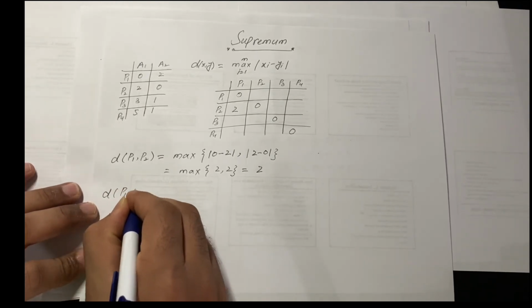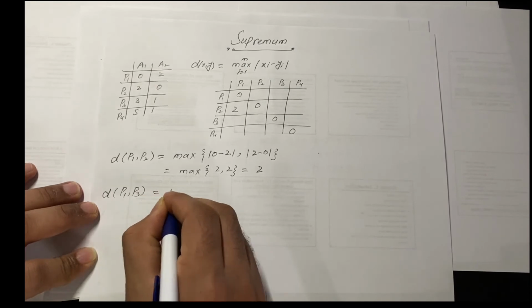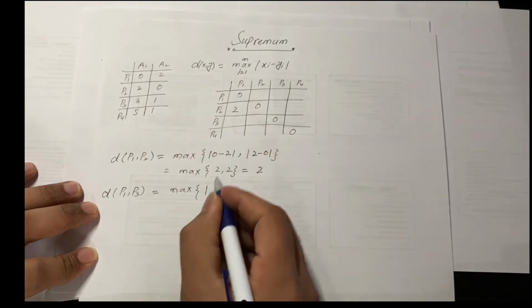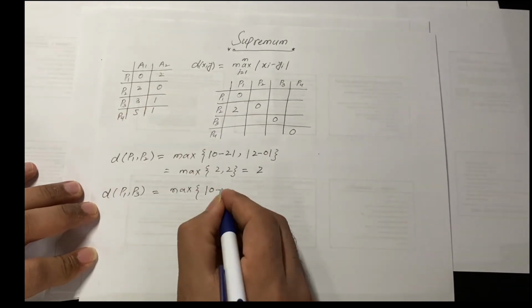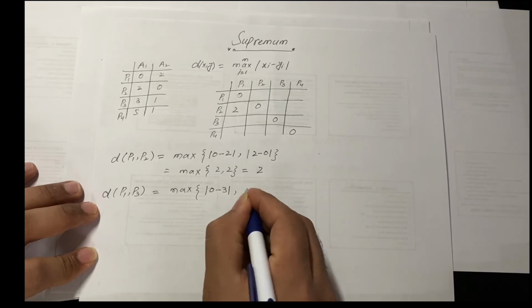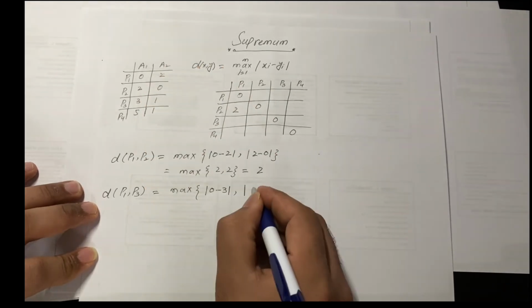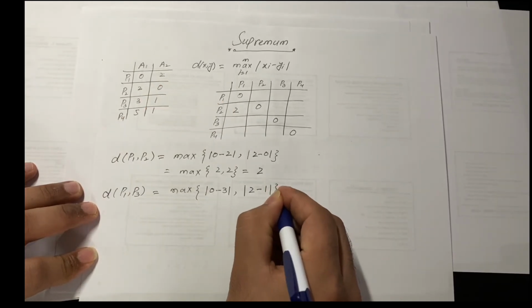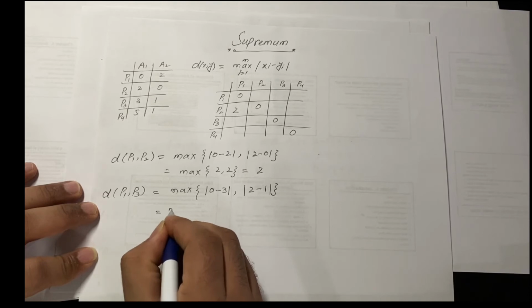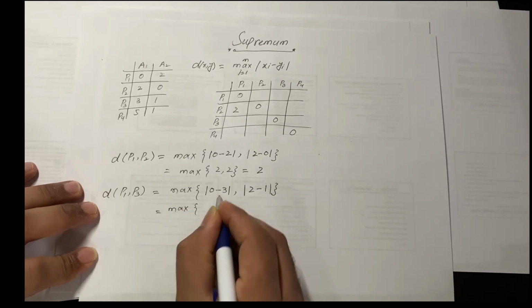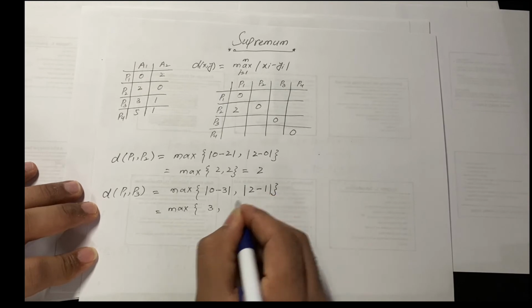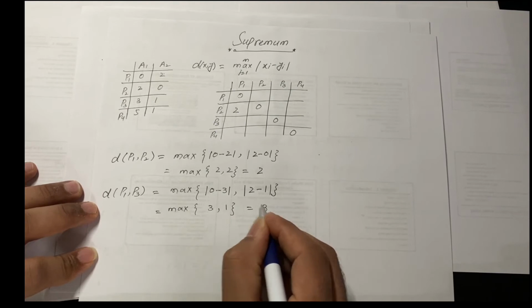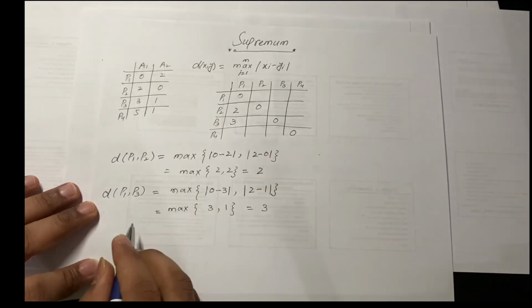For P1 and P3, we have values P1 is 0 minus P3 is 3, comma, P1 is 2 minus P3 is 1. That gives 3, comma, 1. So the maximum value will be 3. P1 and P3 is 3.